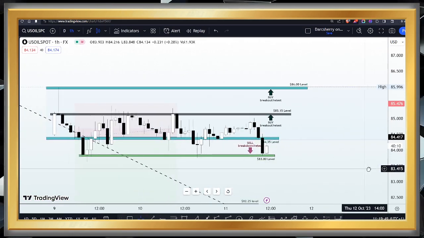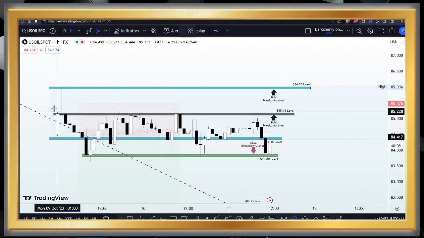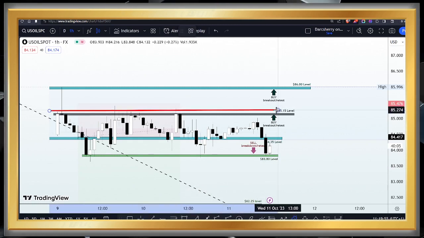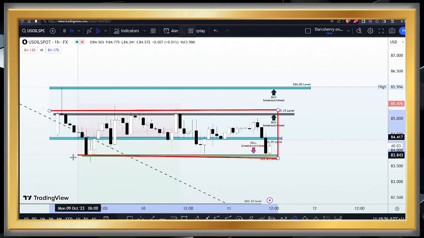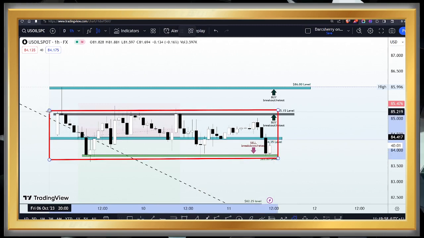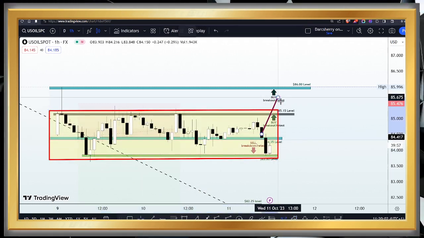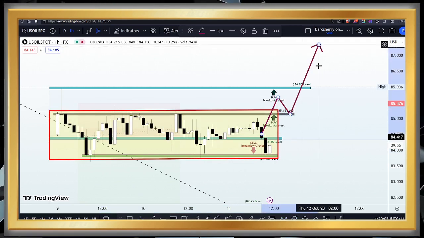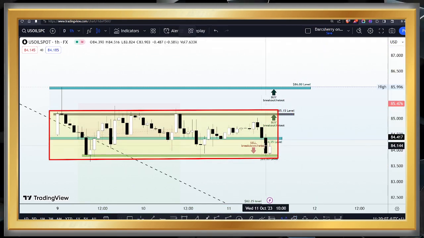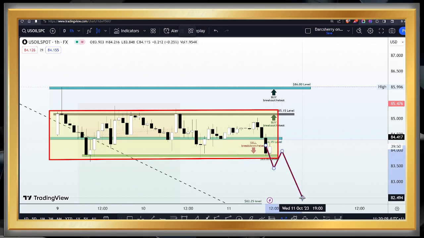So as it is right now, price still remains confined within a range, and like I said earlier, as long as price remains within this range, we have no other choice than to exercise patience, waiting for either the breakout of that range to give us an opportunity to buy, or the breakdown of the range to give us an opportunity to sell.